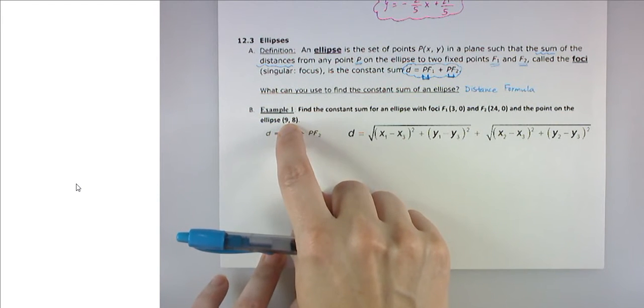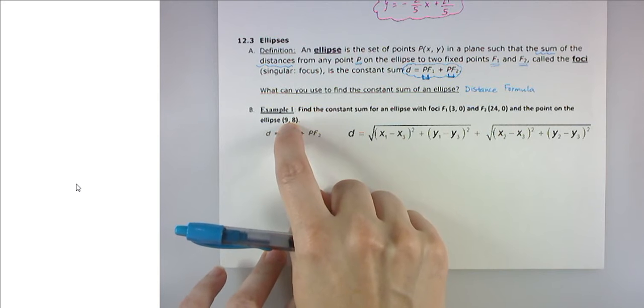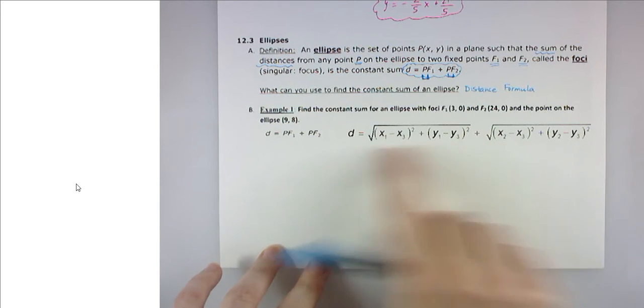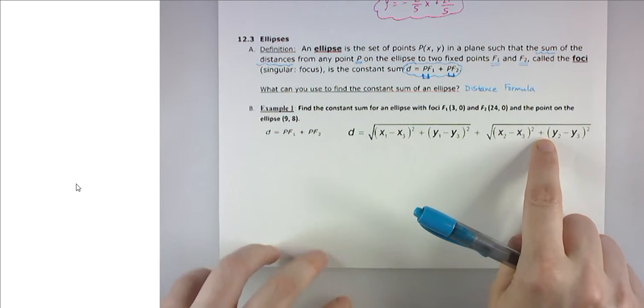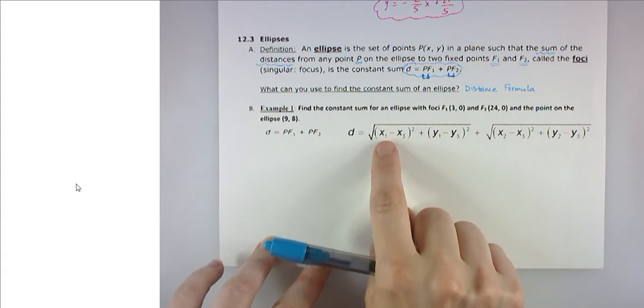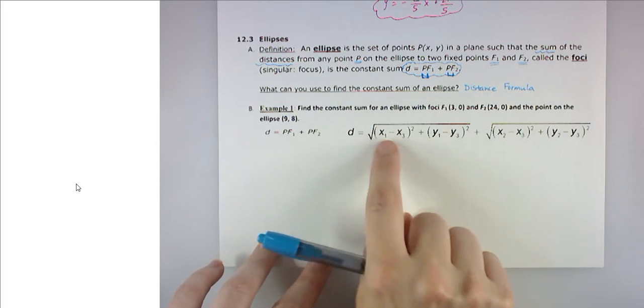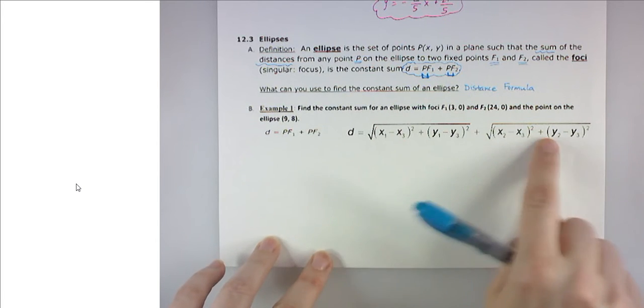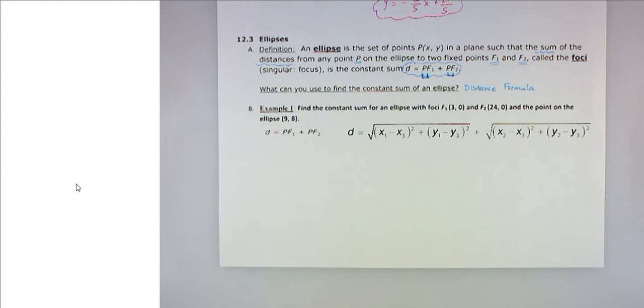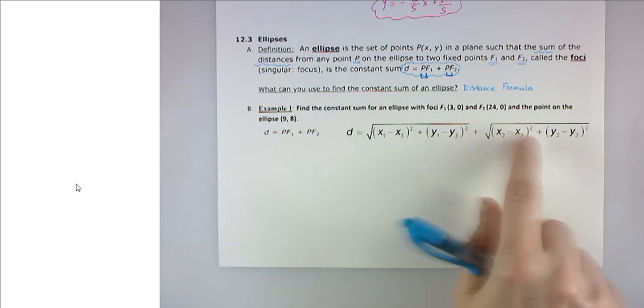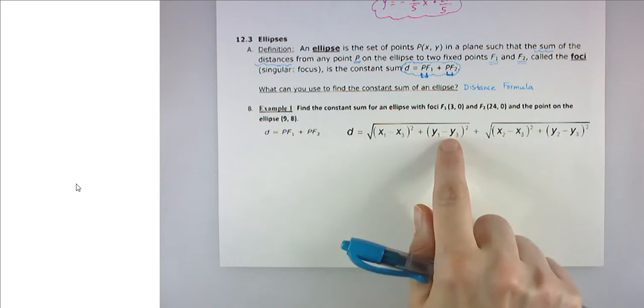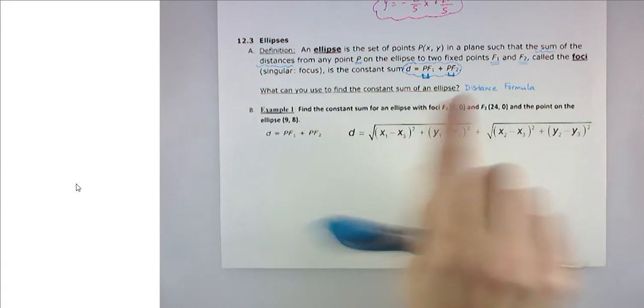So we have this equation where we're using the distance formula, and we are finding the distance between the point P and F1, and then the point P and F2. So if you notice here, both of these have x3, y3 in them, and that is going to be our point.